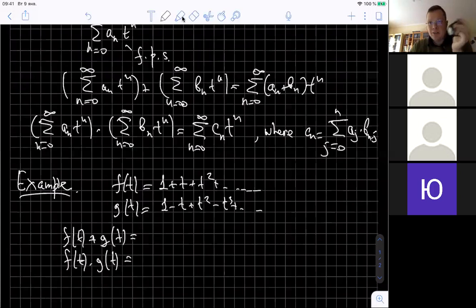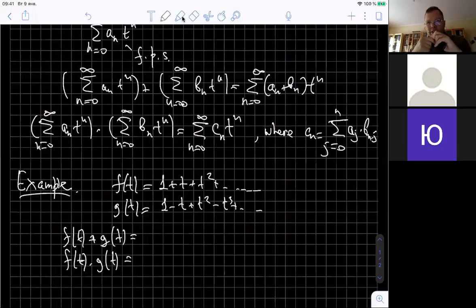I'm asking the simplest question about the definition of the sum and product of formal power series. We have two series: f is equal to 1 plus t plus t squared and so on, so each coefficient is equal to 1, and g of t is 1 minus t plus t squared minus t cubed and so on. This is an alternating sum, and the coefficients are 1, minus 1, 1, minus 1, and so on.